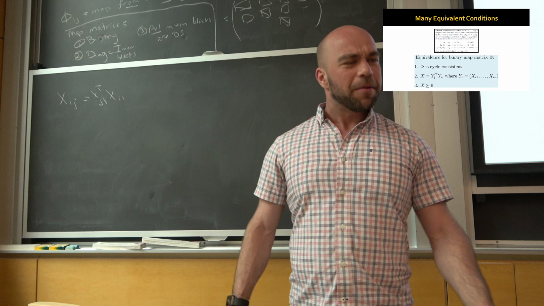Incidentally, the blocks of this matrix are easy enough. This is xij prime, and that's going to be equal to x1i, xij, x1j transpose. Do you see that? Because the D transpose is like this piece, and then this is just reading off the entries of X. With me so far?